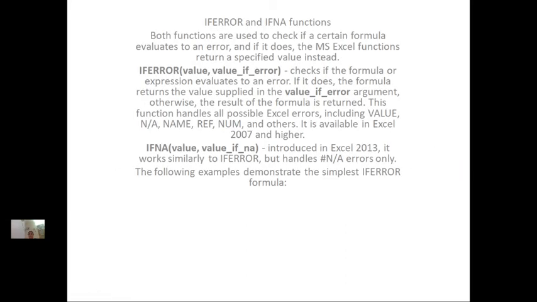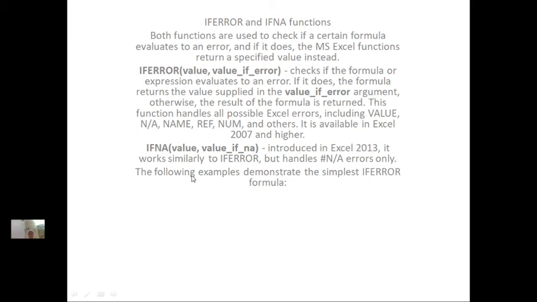IFERROR and IFNA functions. Both functions are used to check if a certain formula evaluates to an error, and if it does, the MS Excel function returns a specified value instead. IFERROR, value, comma, value_if_error, checks if the formula or expression evaluates to an error. If it does, the formula returns the value specified in the value_if_error argument.